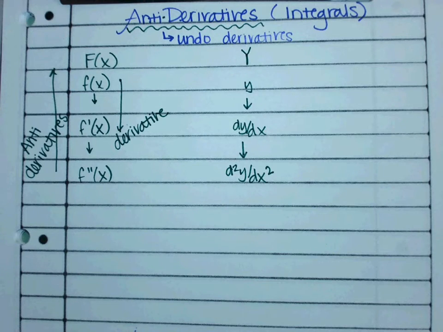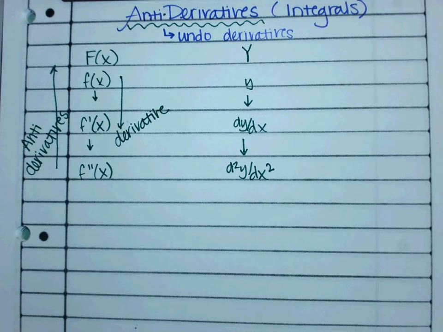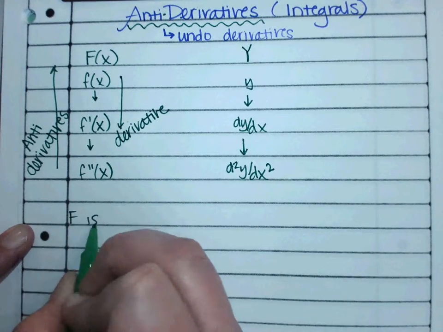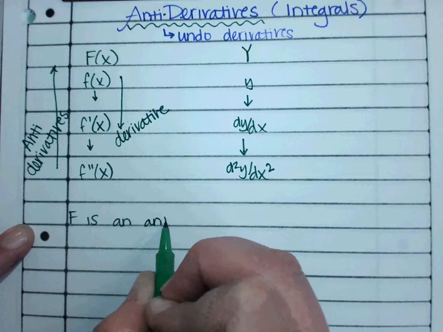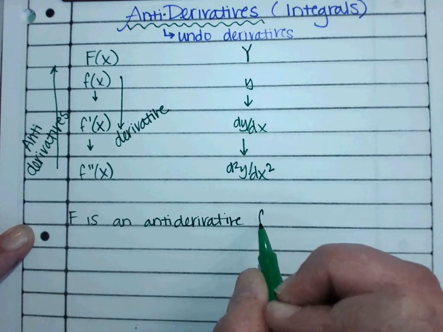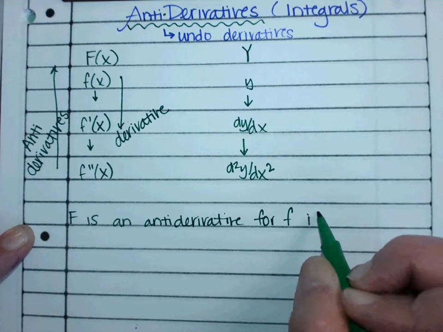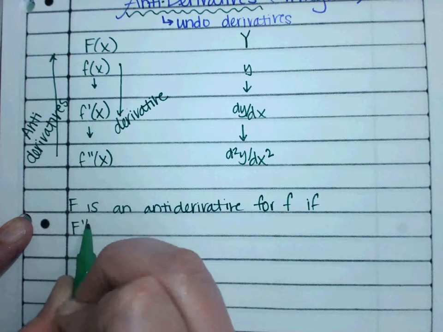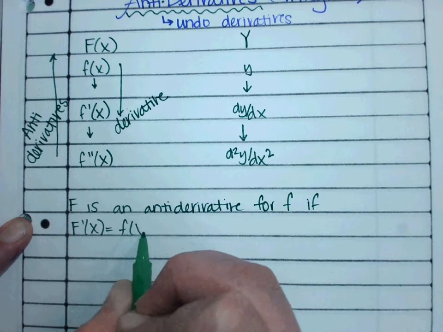Now, the first thing that we're going to write is the definition of an antiderivative. Then we'll get into the rules. But if you know how to take a derivative, today should not be hard, which hopefully most of you know how to do. Okay, so capital F is an antiderivative for f if capital F prime of x is f of x.